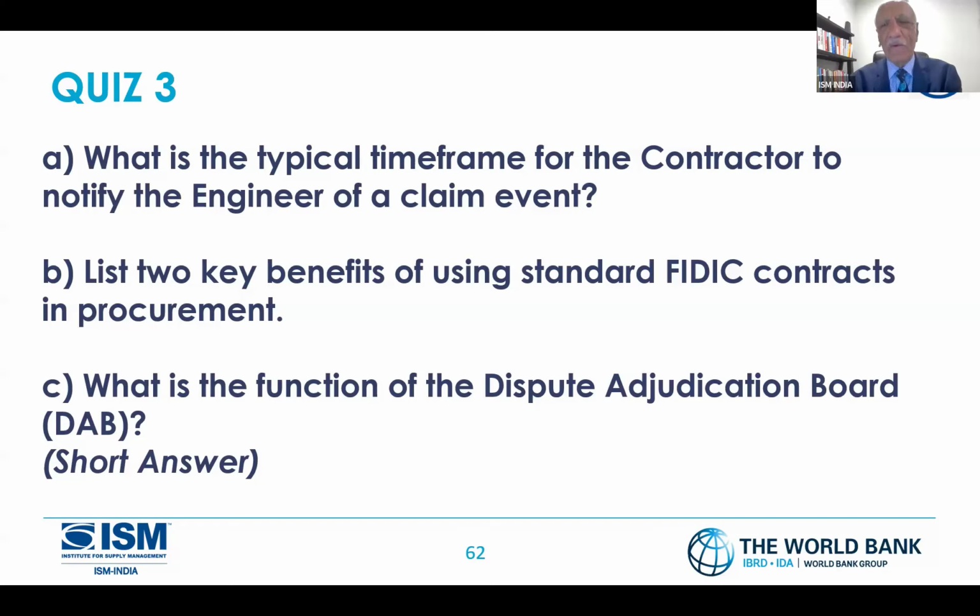Thank you. List 2 key benefits. If I say I go for FIDIC, what are the key things which highlight it? Dispute resolution, sir. Dispute resolution number 1. Transparency, which will build the trust.